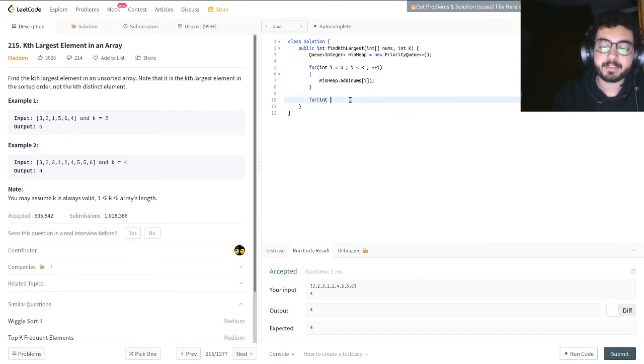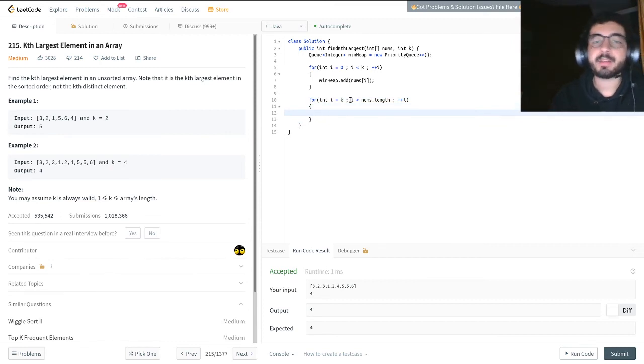For int i is equal to k, i is less than nums.length, i plus plus, we would say, is the element that we are on larger than the minimum of our minimum heap, which means the top of our minimum heap?